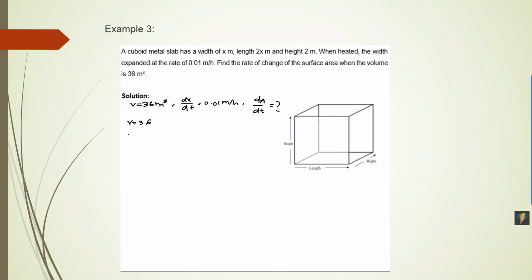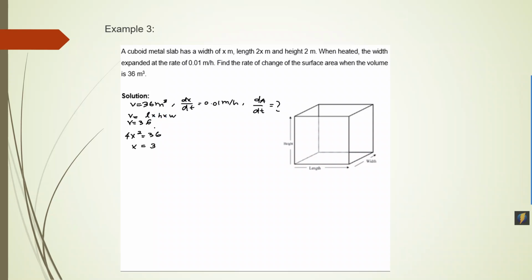So we get 4x squared equals 36, then x equals 3, because volume equals length times height times width.